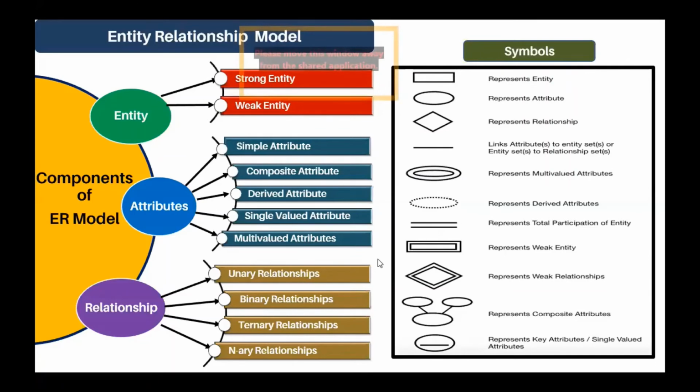If the relationship exists between two entities, it becomes your binary relationship. If that relationship exists between three entities, then it becomes a ternary. And n-ary means more than three. That becomes n-ary relationships. So any doubts in the components and types of the entity relationship model? If you have any doubt, please ask.